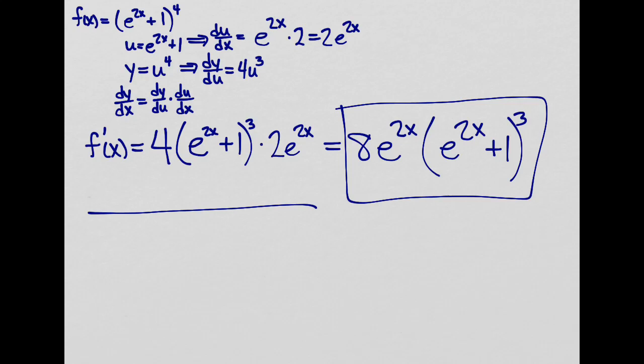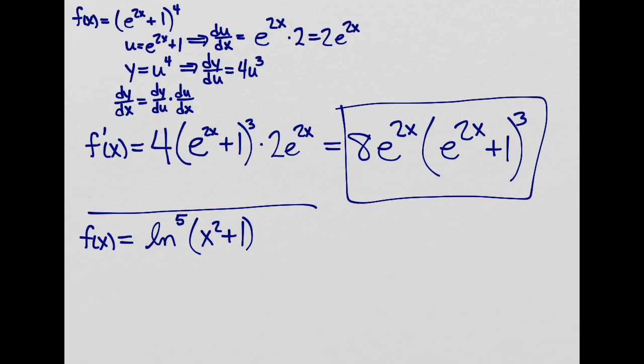In a similar way, if I had a function, let's do one like this, the natural logarithm to the 5th power of x squared plus 1, then this power, 5, is actually saying I take x squared plus 1, compute its logarithm, and then raise the result to the 5th power.